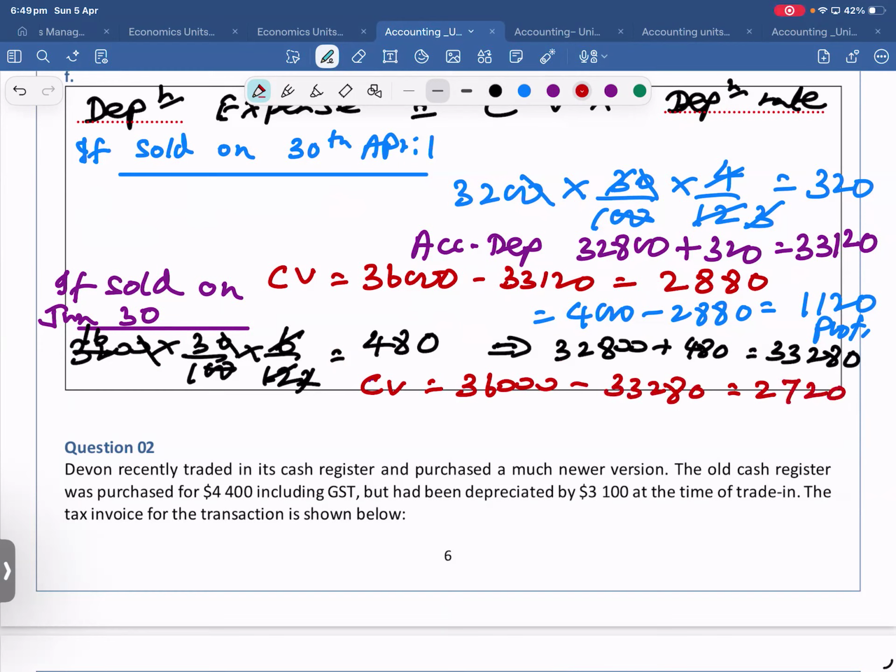Then selling price is also 2,720, meaning neither profit nor loss, 0. Right. Any questions?